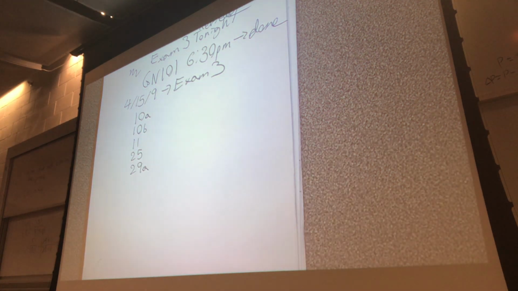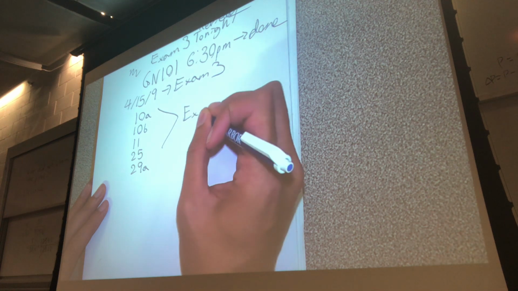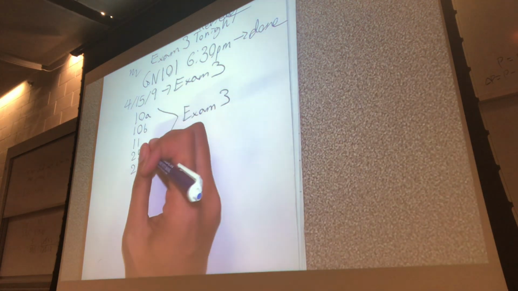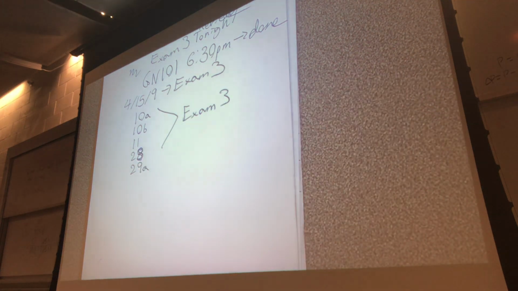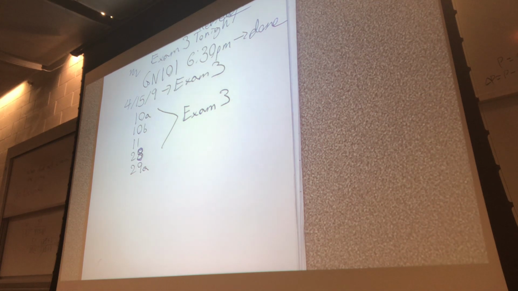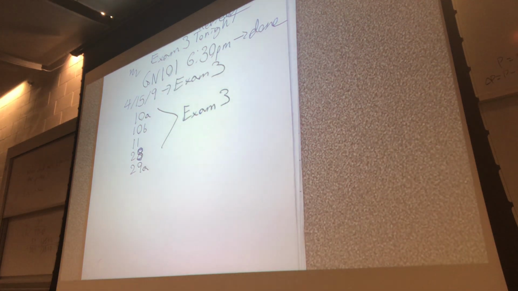So you need to know these PowerPoints, these chapters for exam 3. Oh, 28. Okay, thank you. Plot twist. Okay. Not for exam 3, no. This is all you need for exam 3: 10A, 10B, 11, 28, and 29A.